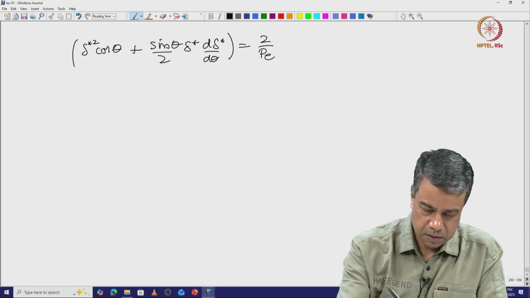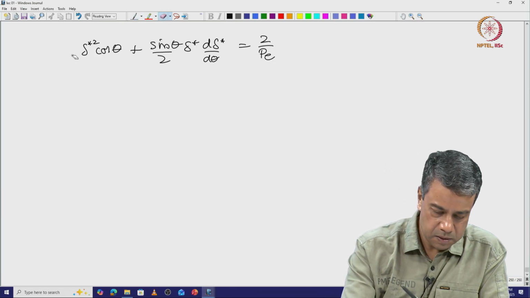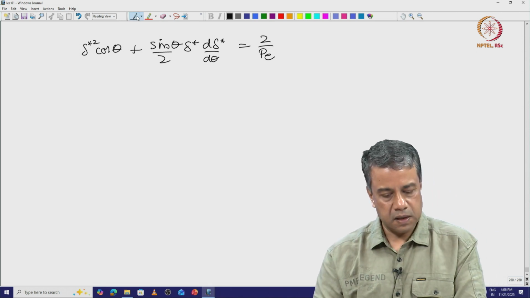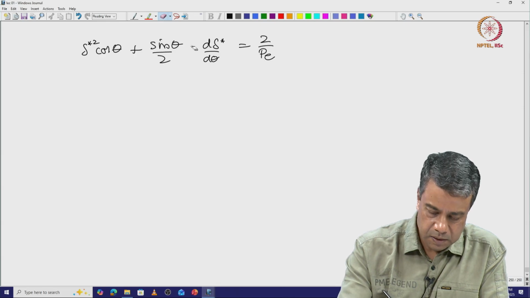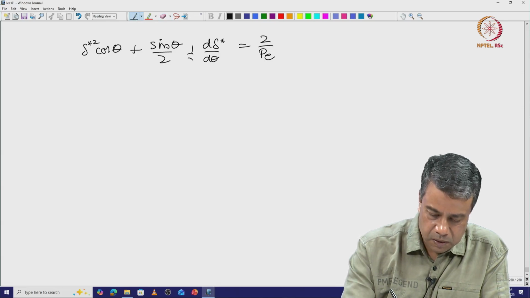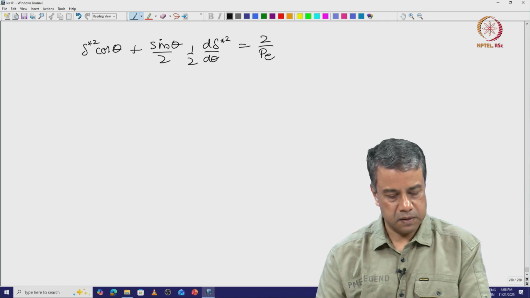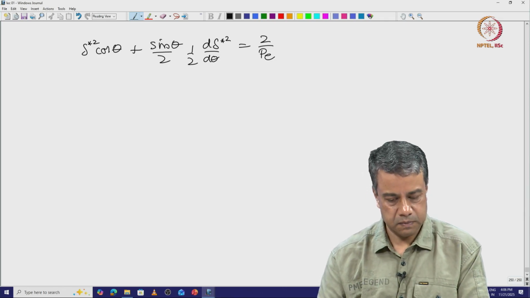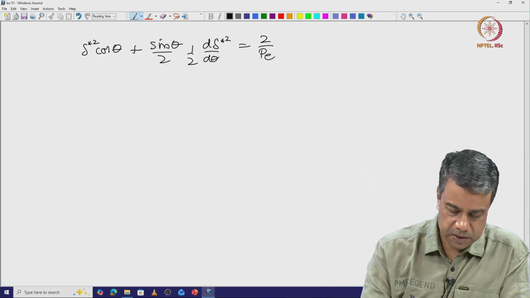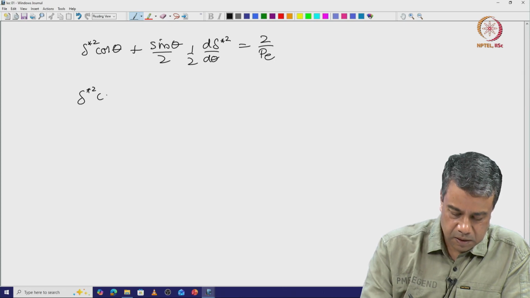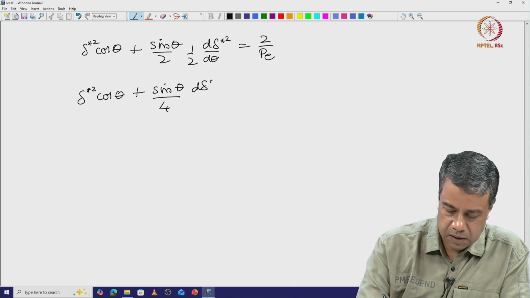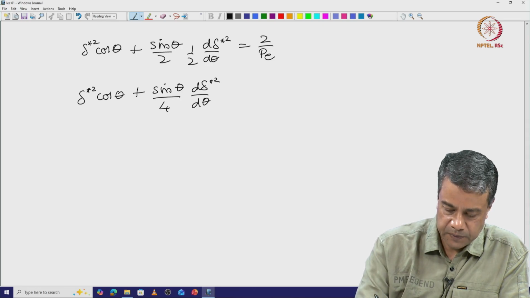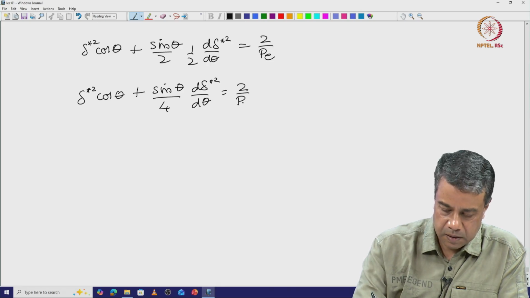And delta d delta by d theta is just 1 by 2 d delta square by d theta. So, my equation becomes delta square cos theta plus sin theta by 4 d delta square by d theta is equal to 2 by Peclet number.